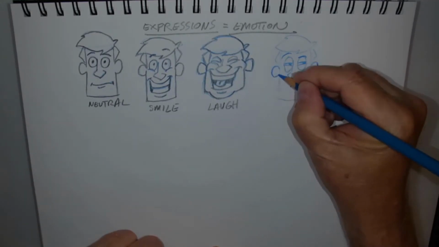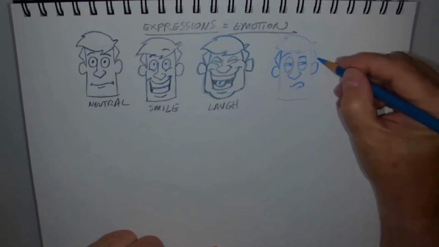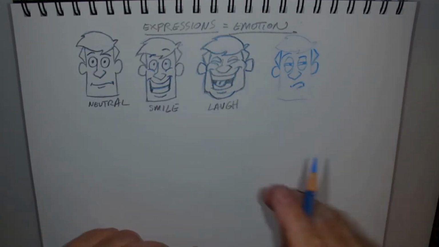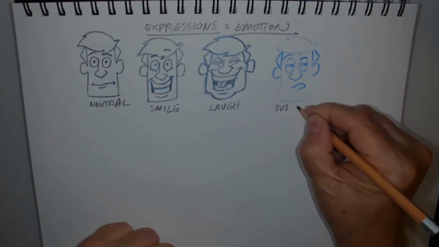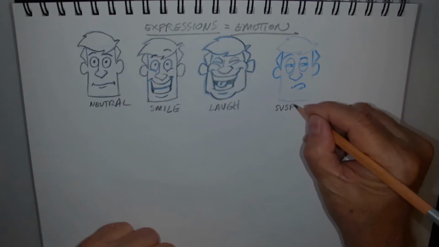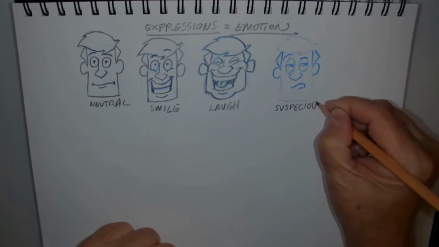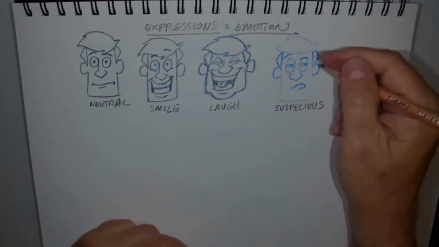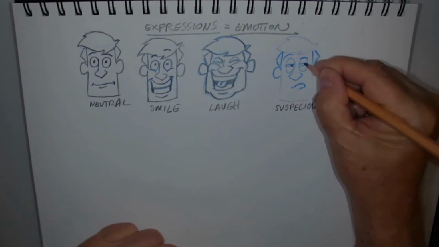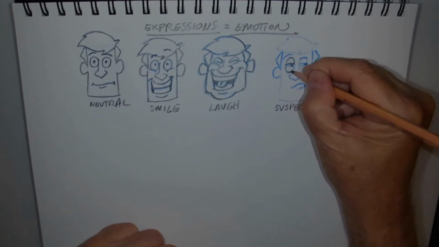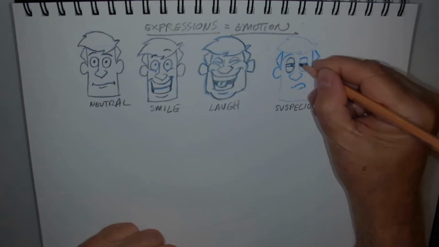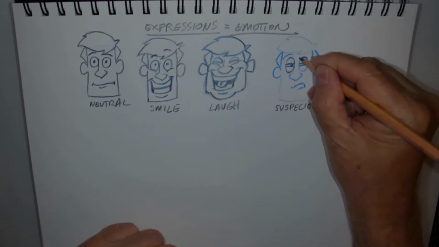So, let's see if you can guess what the expressions are as I'm drawing them to see if it's working. So, the idea behind this one is he is suspicious. So, when you're kind of sizing something up, you tend to squint your eyes, kind of concentrate and figure out what's going on here.